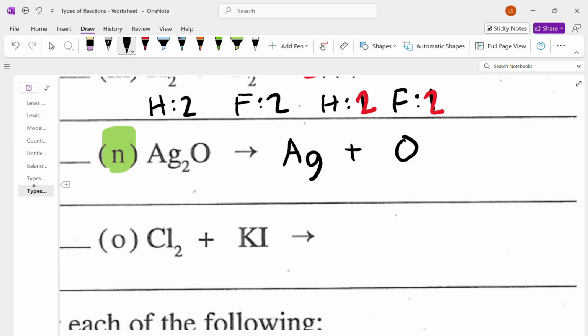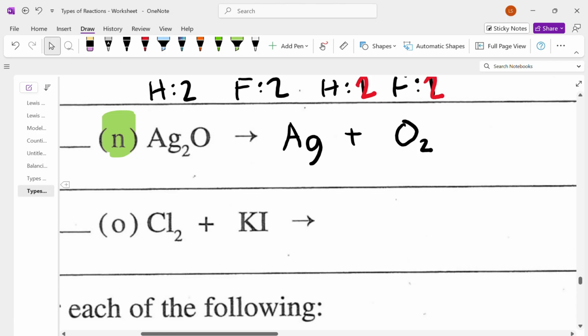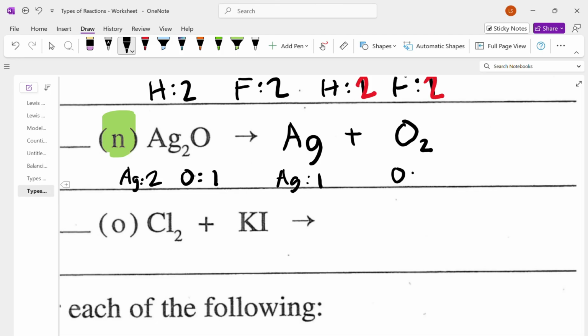Therefore, we must have 2. And now we can balance it. So we have 2 silver and 1 oxygen. We have 1 silver and 2 oxygen. So to balance it, we need 2 oxygen.